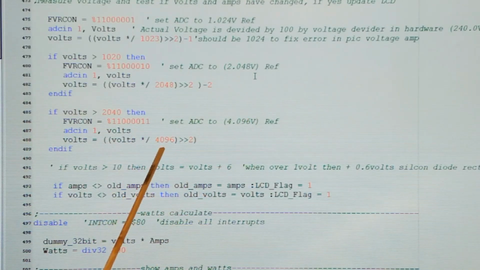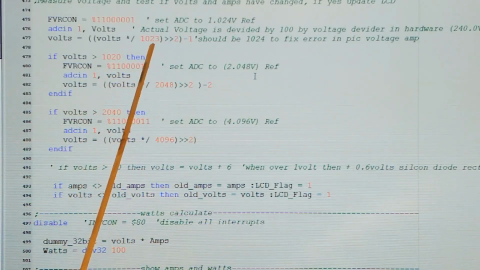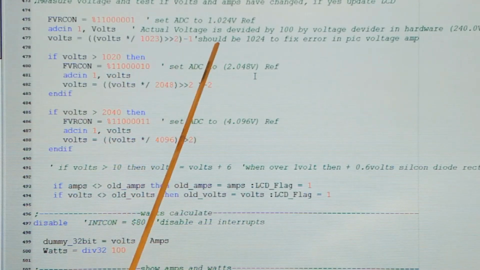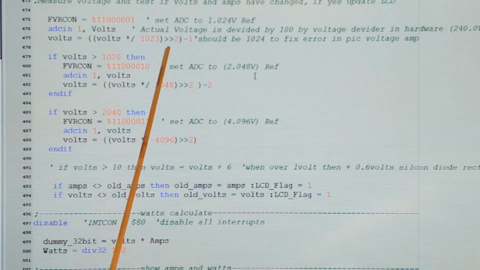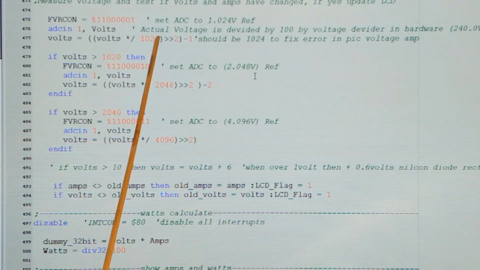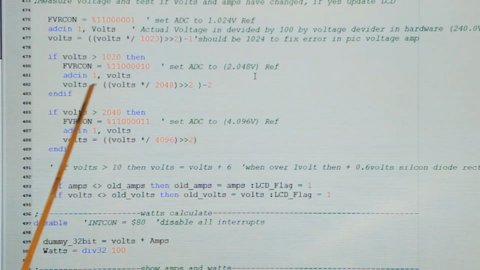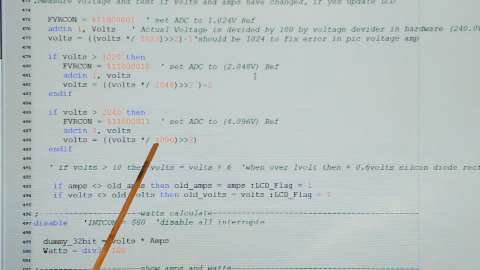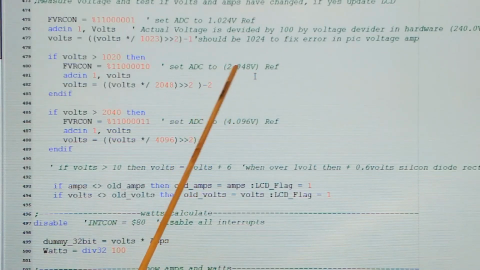I'm changing the video to show this. Now I'm starting off with the 1.024 voltage reference, so I can read up to, let's say, 102 volts, and then it changes to the 2.048, and once it reaches that, I change to the 4.096. So I'm getting a more accurate lower voltage.